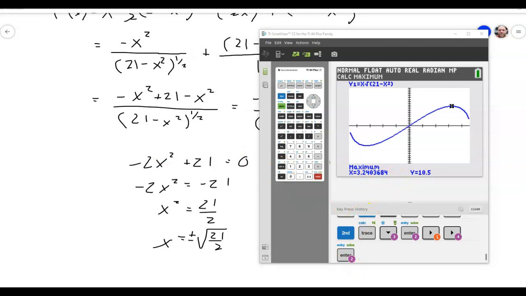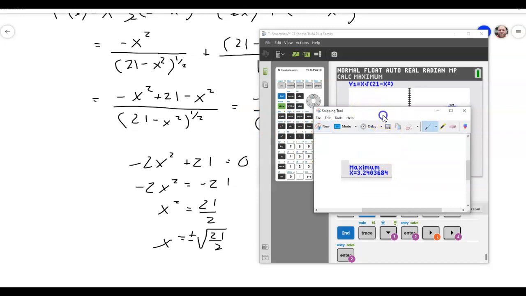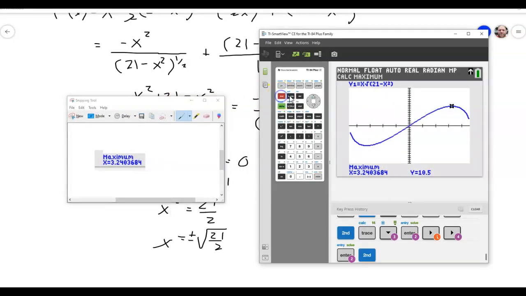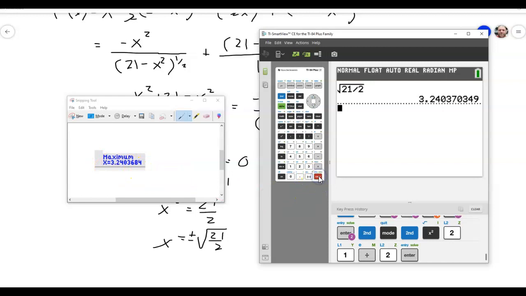So what I want to do is write that number down here. And now, if I go out of here, I'm going to do the square root of 21 over 2. And if we're right, that's going to be about the same approximate value.